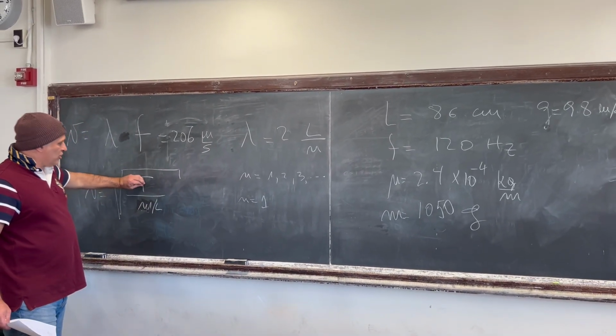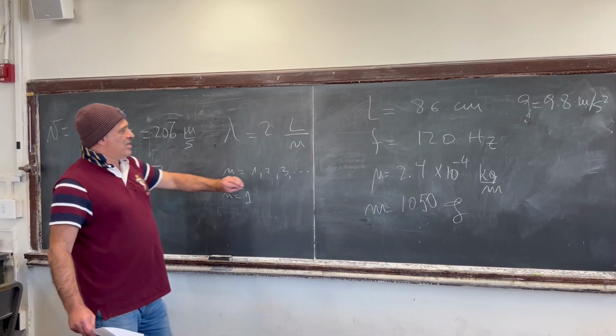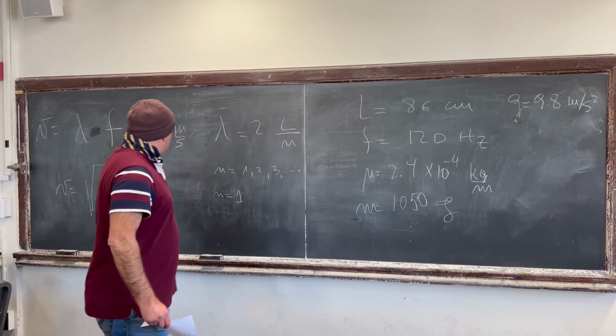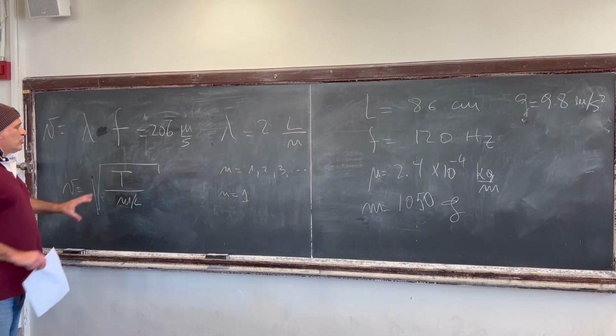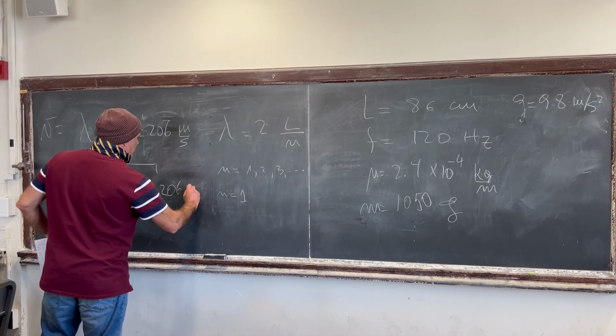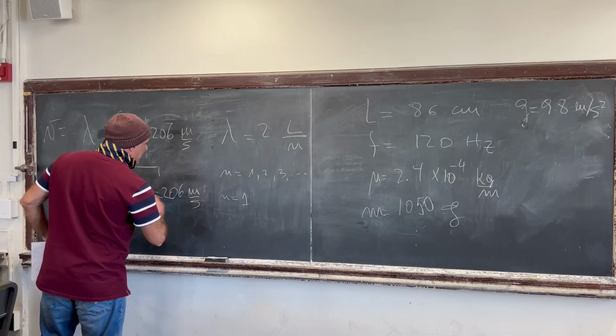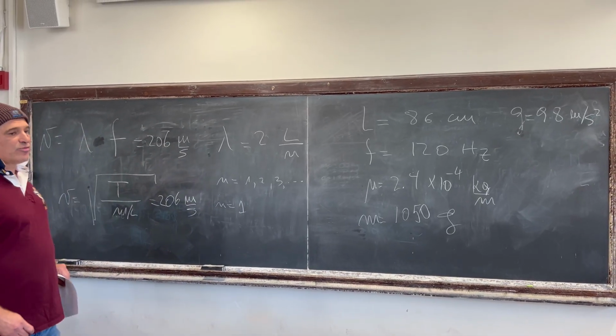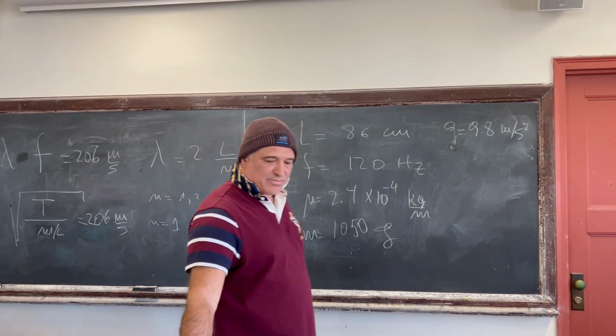We get the tension, and we divide by the mass per unit length. We take the square root, and by doing that, we also get a speed of propagation of 206 meters per second.